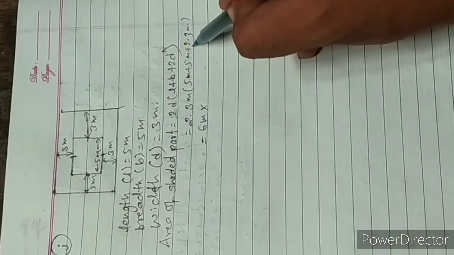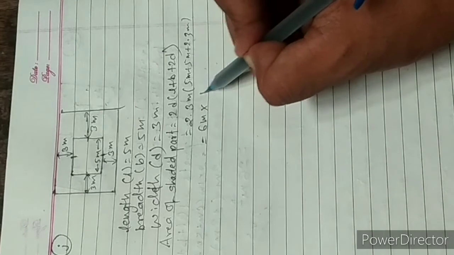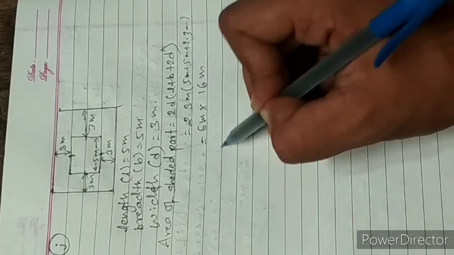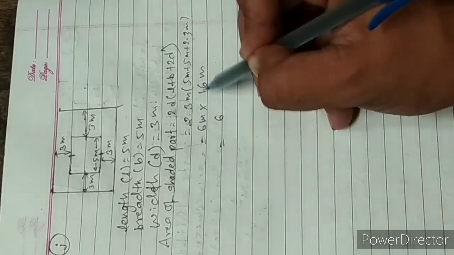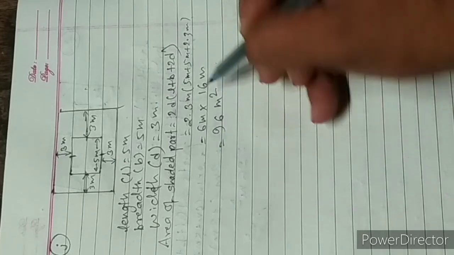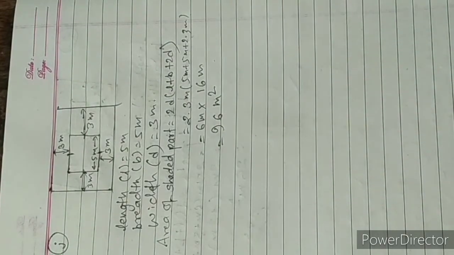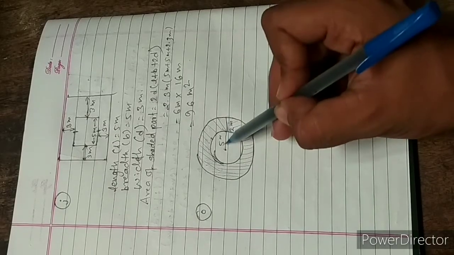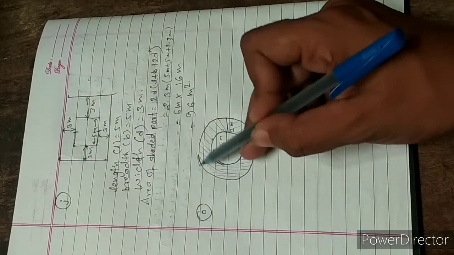Now 3 times 6, 5 plus 5 is 10, 16, 96 meter square.